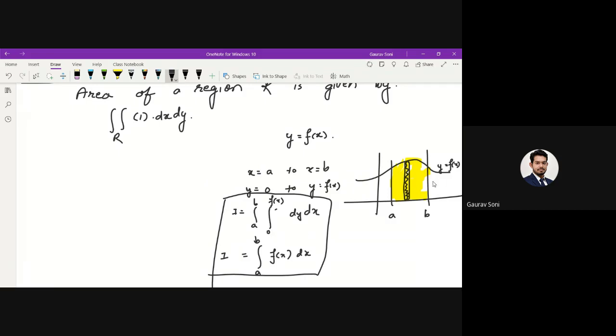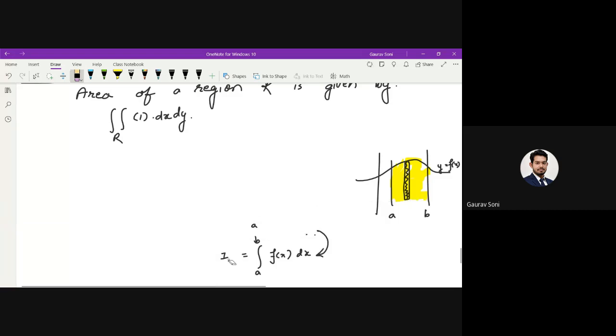Simply we were taking it from a to b f of x dx, but the actual definition is this, and your 12th standard formula is derived from this formula actually. So from today onwards, whenever we need to find the area of a region R, we will use the double integral, and whatever the region is, if your integrand is 1, then it will represent the area. Fine.